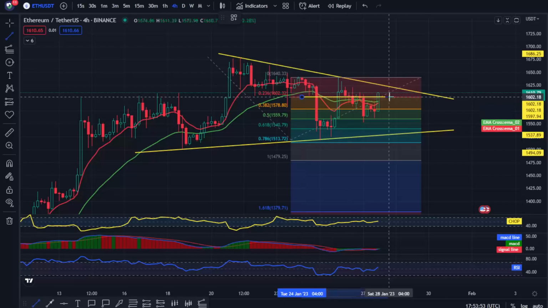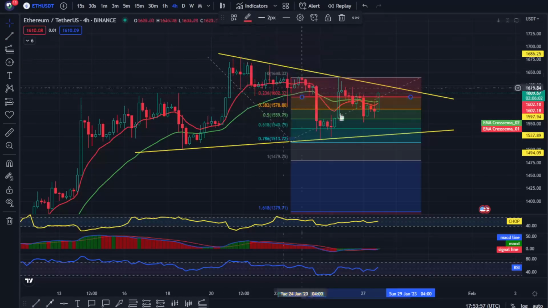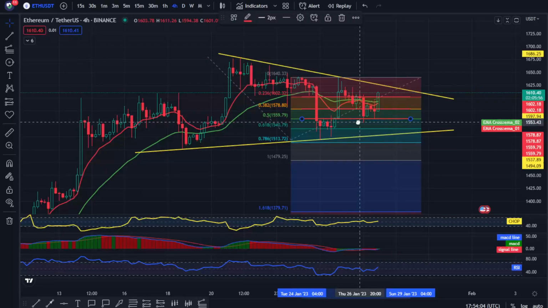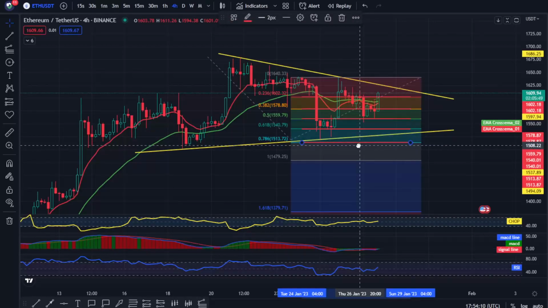Going further, we see that we have the first support at $1,602, the second support at $1,579, the third at $1,560, the fourth at $1,540 and the fifth at $1,514.